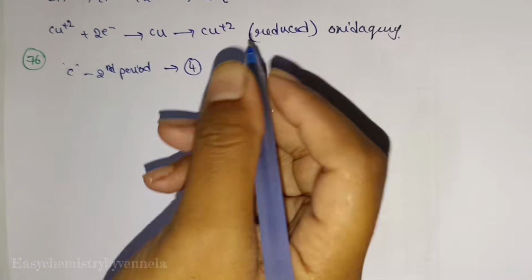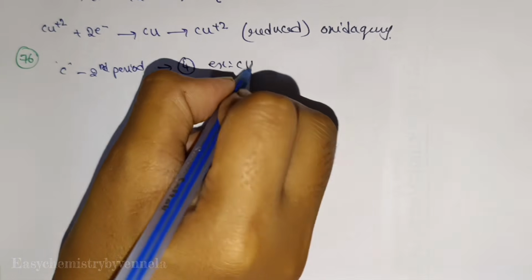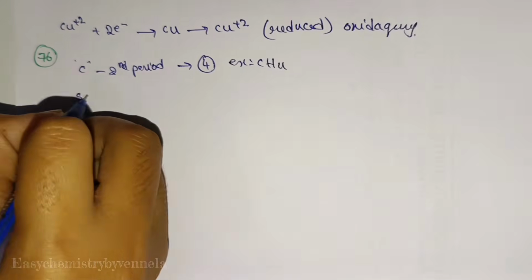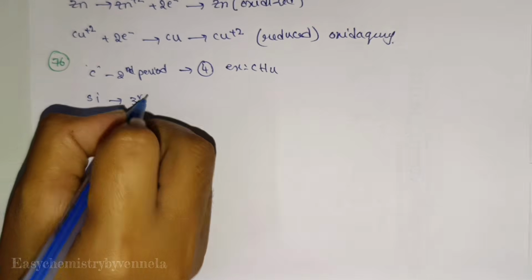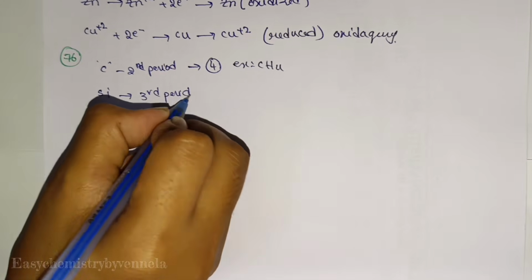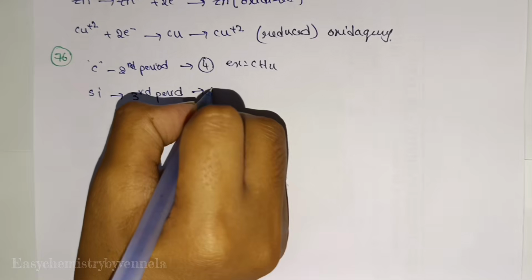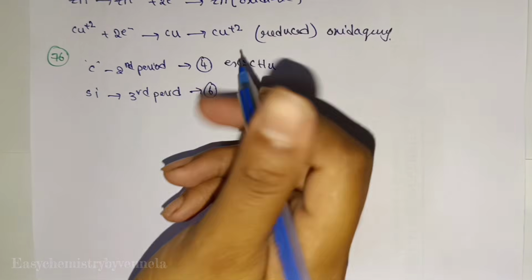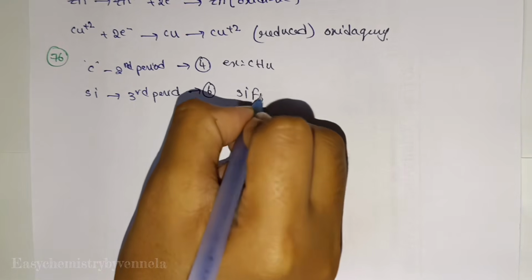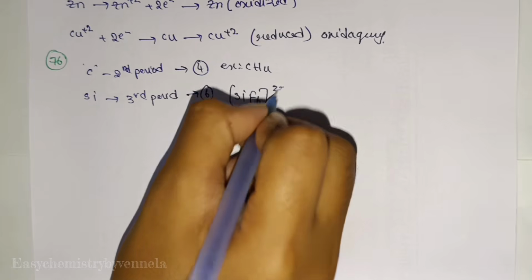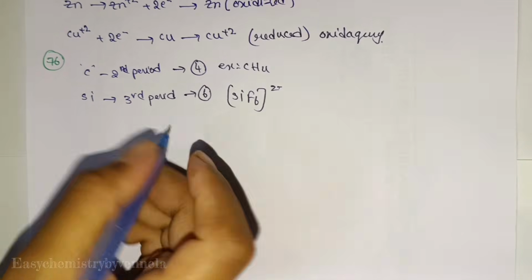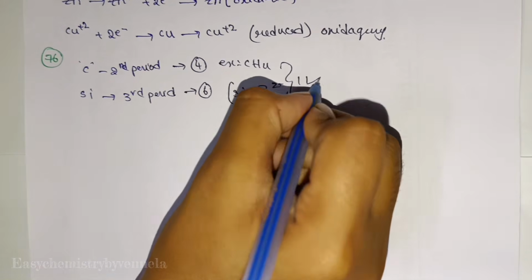It has covalency 4, example CH4. Next, silicon. This is the third period. It has covalency 6. Example, SiF6 2 minus, hexafluorosilicate. So, statement 1 is correct.